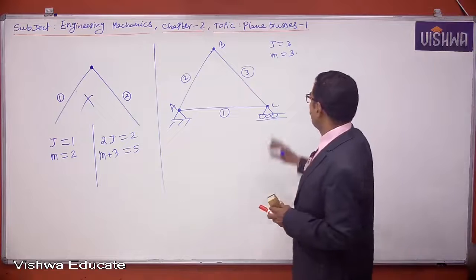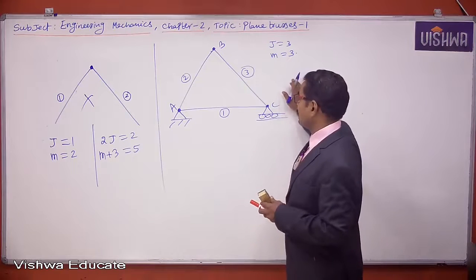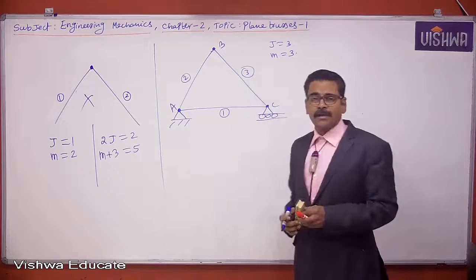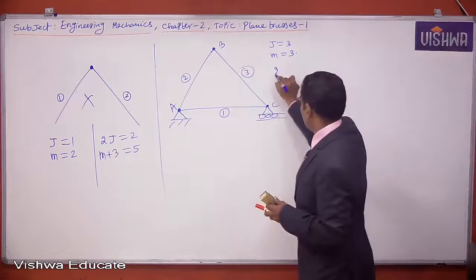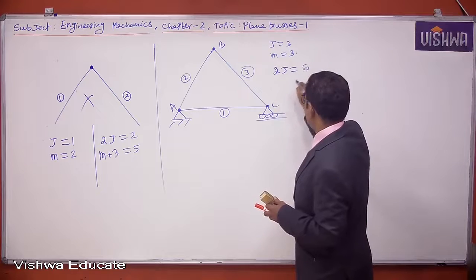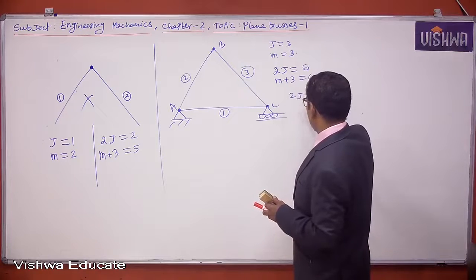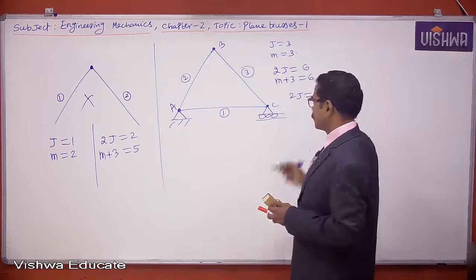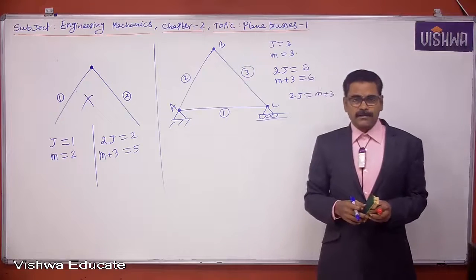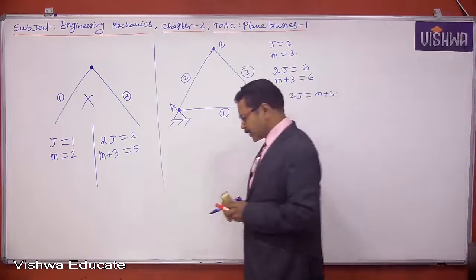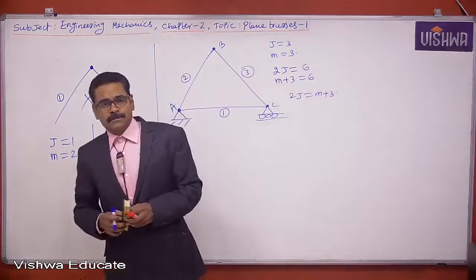Let us examine whether it is forming a plane truss or not. 2J is equal to 6, and M plus 3 is also 6. So 2J is equal to M plus 3, so it is forming a plane truss. A plane truss can be formed by using three elements.